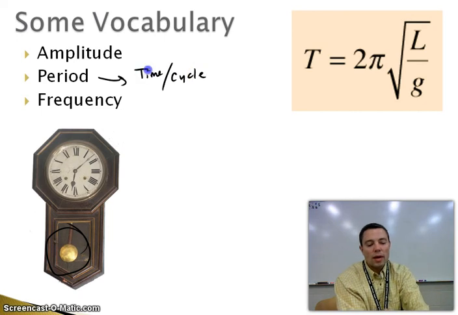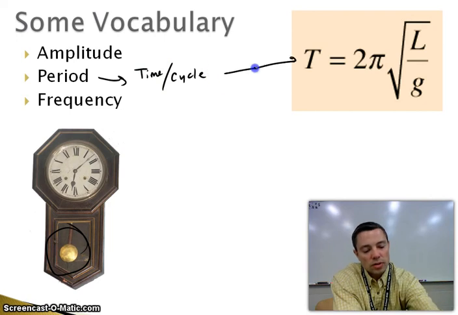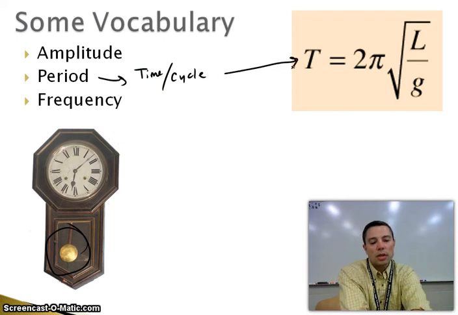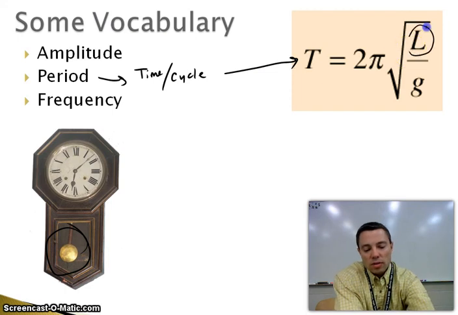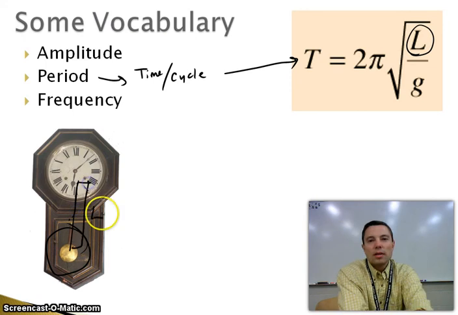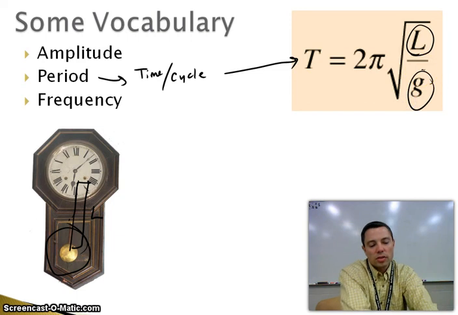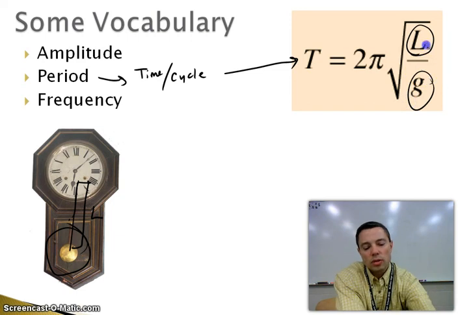So we know that there's a time related to it, and that's our period. The period is related to L, which you see is the length of my pendulum, and to gravity.